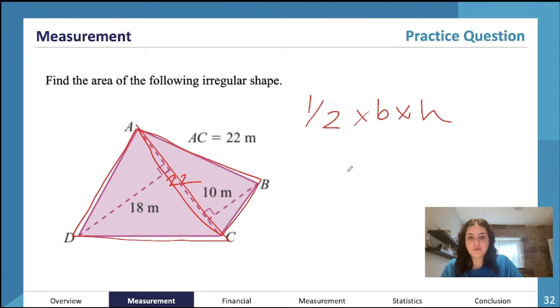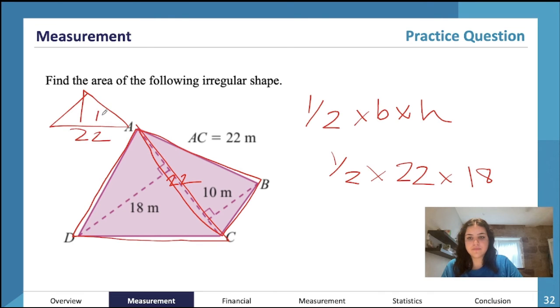So let's do this triangle first. Half times our base, which is 22, times our height, which is 18, because we could flip the triangle around and it would look like this, 18, 22. We pop that into our calculator, half times 22 times 18, we get 198 meters squared.